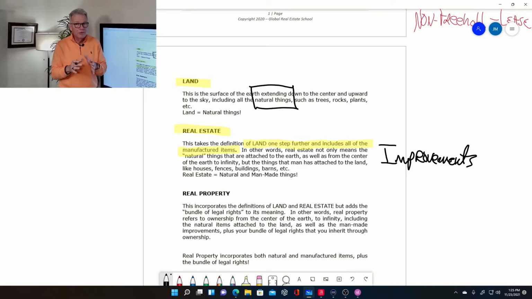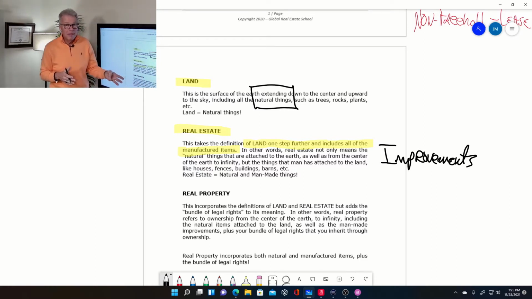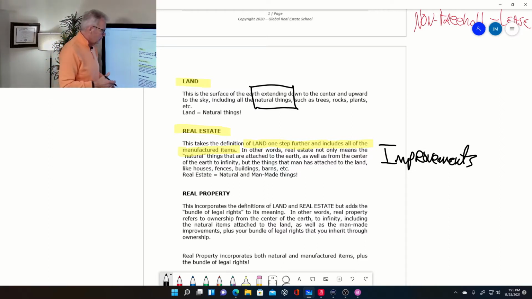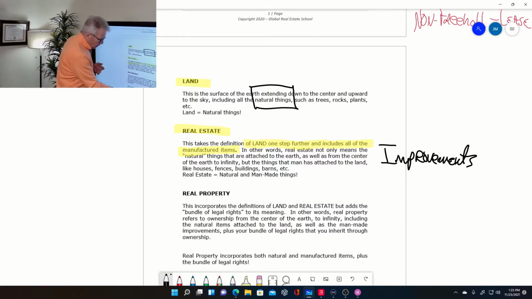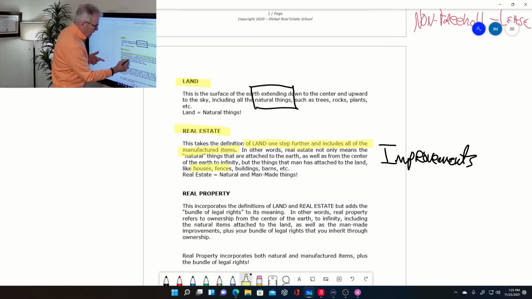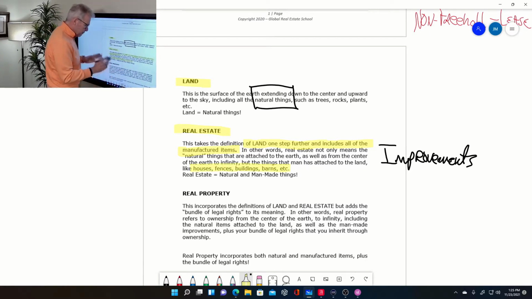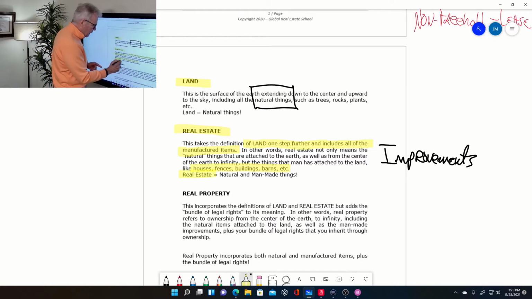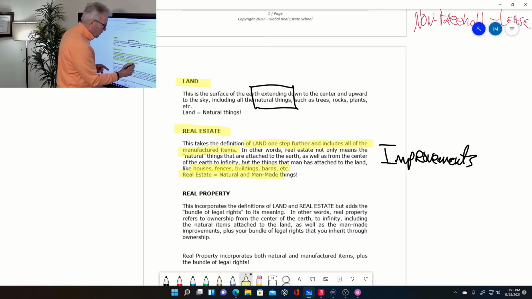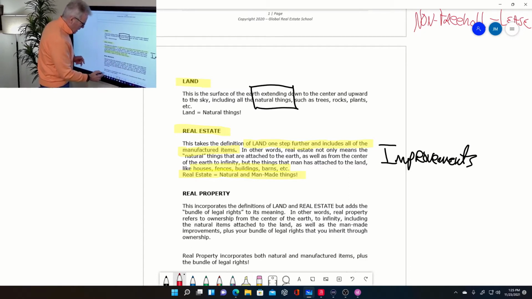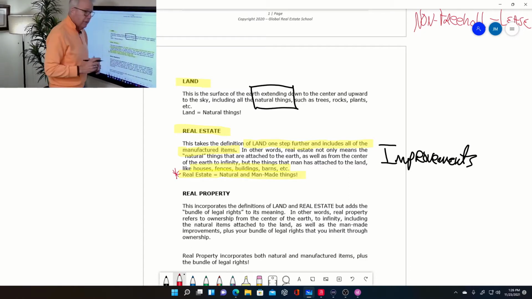They love to include all kinds of different definitions, so be sure to read the questions carefully and understand that they could use manufactured items, improvements, or man-made items. All of those would be included the same. You can see here things like the house, fences, buildings, barns, etc. So I want to make sure you understand this. Real estate equals natural and man-made items. I would put an asterisk right there.